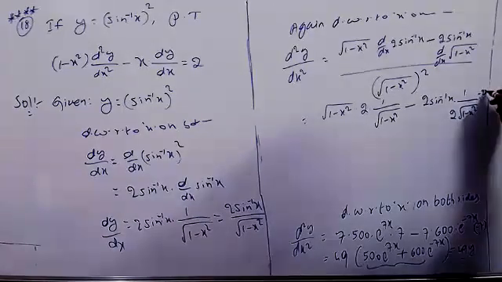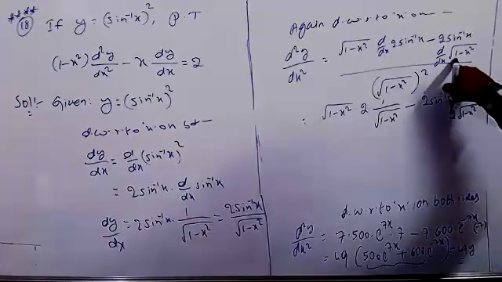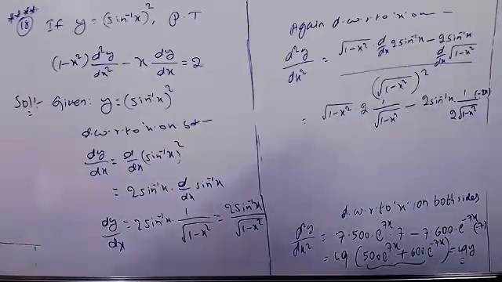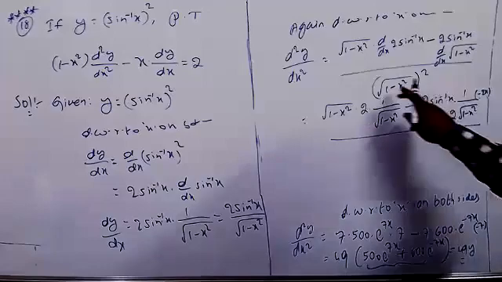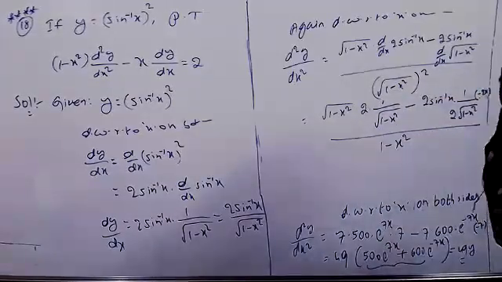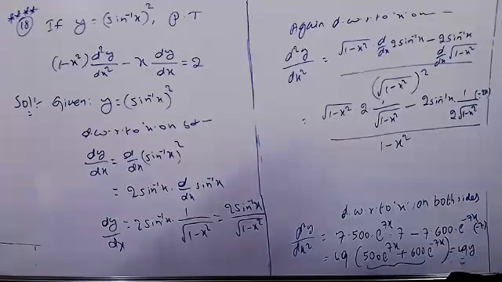I think you know that very well, because differentiation of a constant equals 0 and minus x square gives minus 2x. Whole by 1 minus x square, as the root and the square cancel.